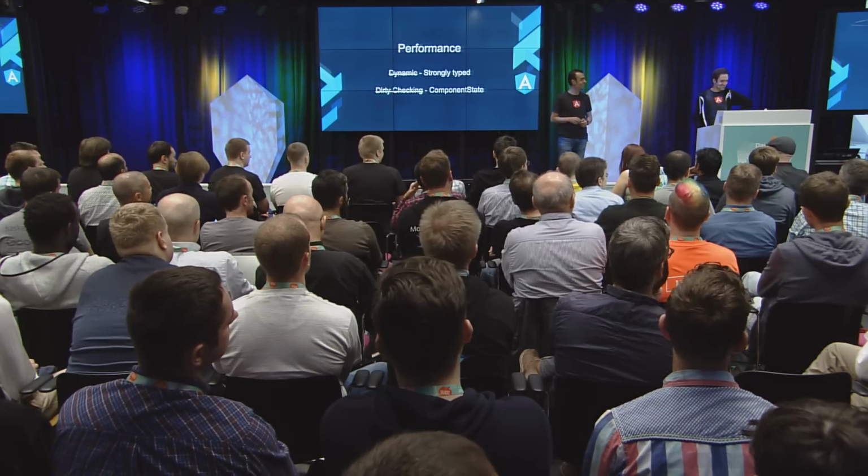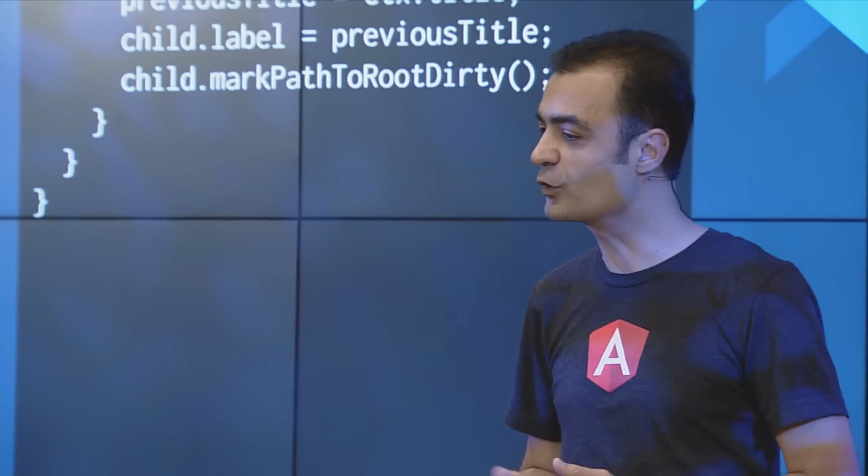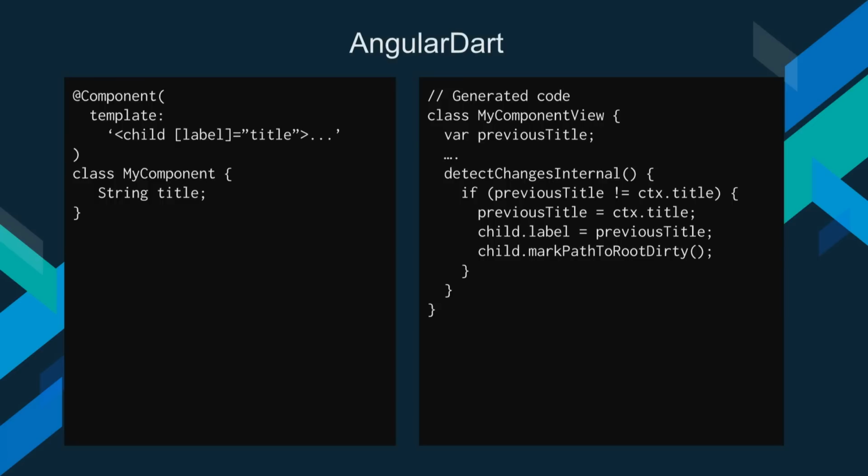Very important. So the second big change, which is our surprise for you today, is we're introducing a new way of doing change detection in Angular today. So instead of dirty checking, we're introducing a mixin class called component state. So traditionally, this is what goes on behind the scenes. If you create a template today, you have a binding.